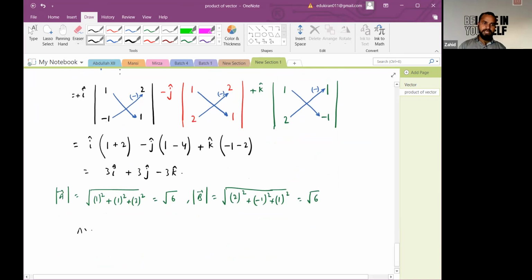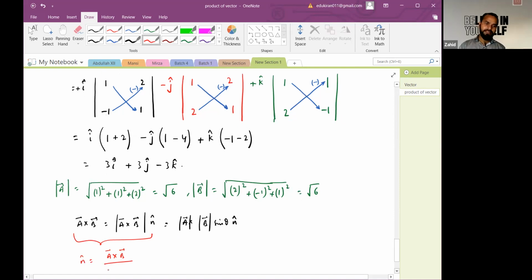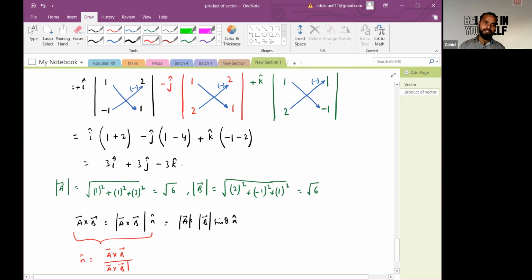Since our formula was mod of A cross B times n cap is equal to mod of A times mod of B into sine theta n cap, if you relate the first two terms, you will get n cap is equal to A cross B divided by mod of A cross B. So this will be a unit vector perpendicular to both vectors A and B. Now, if you relate this term with this part, n cap and n cap will cancel out.